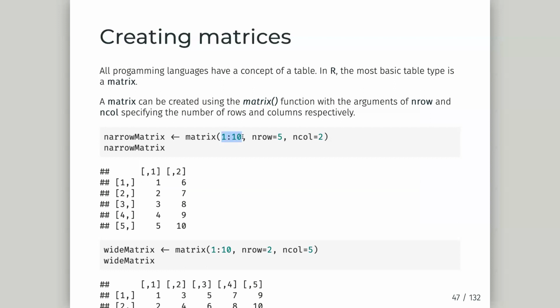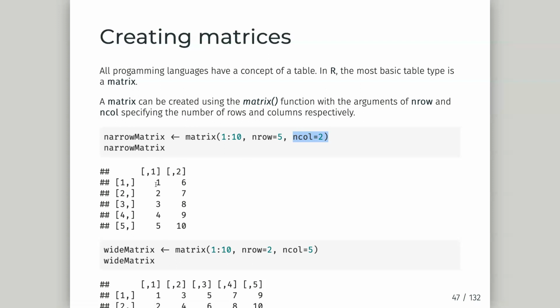Here we can supply it with a vector, just 1 to 10. And we can tell it I have 5 rows and 2 columns, and it will create a matrix for me, 5 by 2.